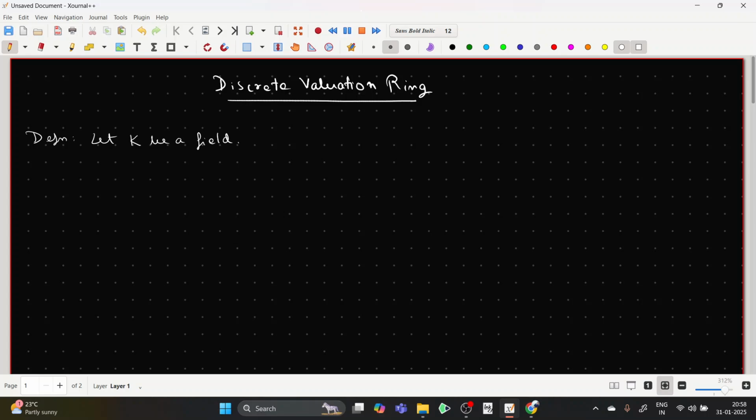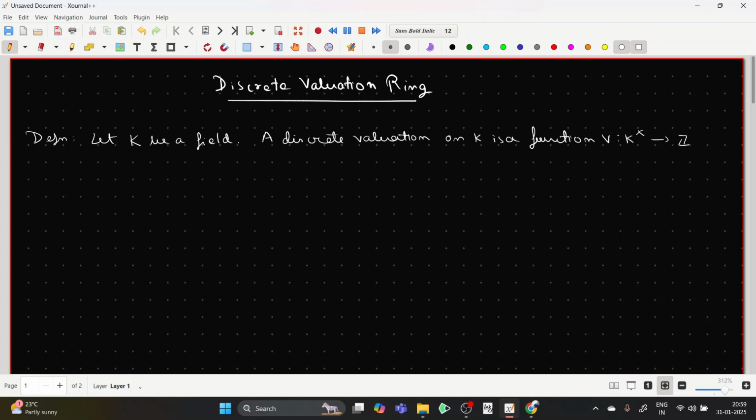A discrete valuation on K is a function which we denote as V, which takes all the elements from the collection of all units of K. Now since K is a field, the collection of all units are all the non-zero elements of K, right? So it maps it to Z.